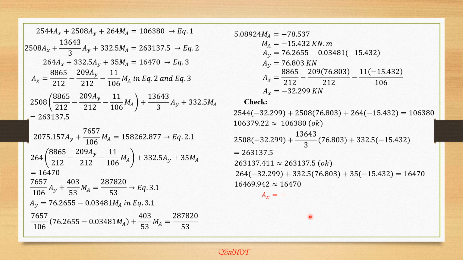AX is negative 32.299, AY is 76.803 kilonewtons, and MA is negative 15.42 kilonewton meter. So that's it for our first method of solution, which is by substitution. Next is by elimination.